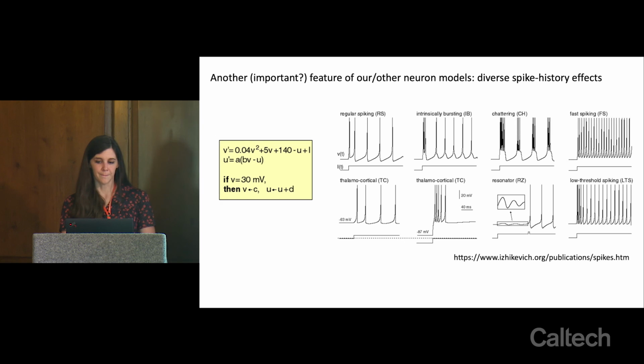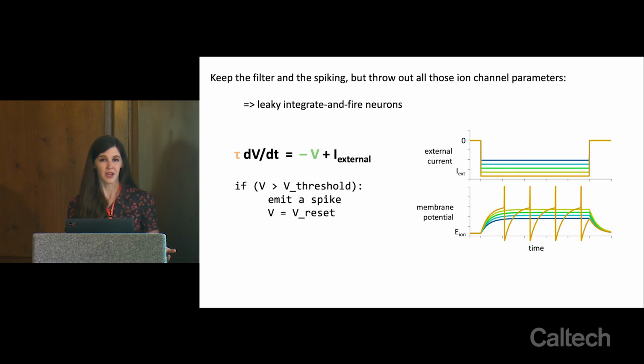Okay, so you can decide what you want to keep and what you want to throw out in your neural models. One of the most common things that you'll see in neural network simulations is a leaky integrate and fire cell. So in this case, we are tossing out the variable resistors and the spiking mechanisms of cells, and we're even throwing out the existence of a minus 60 millivolt resting membrane potential.